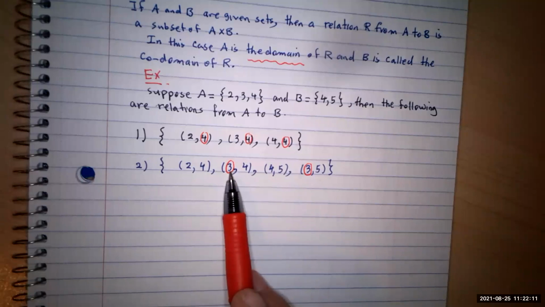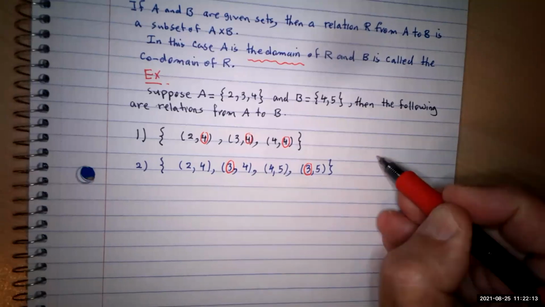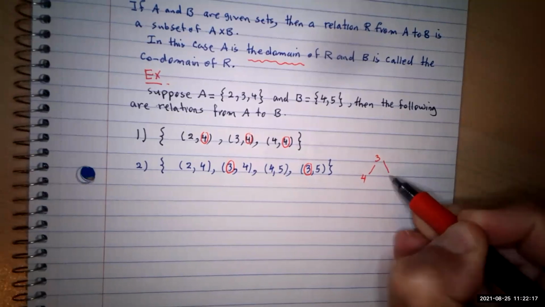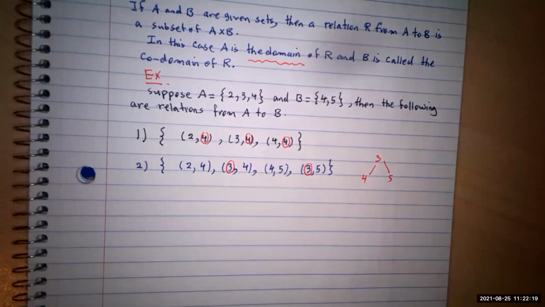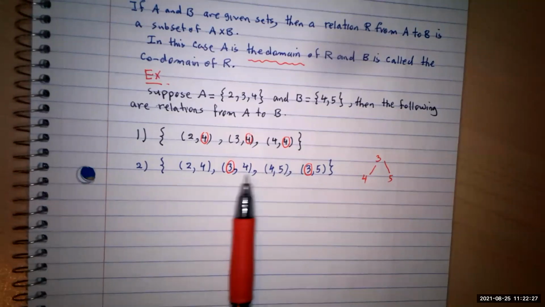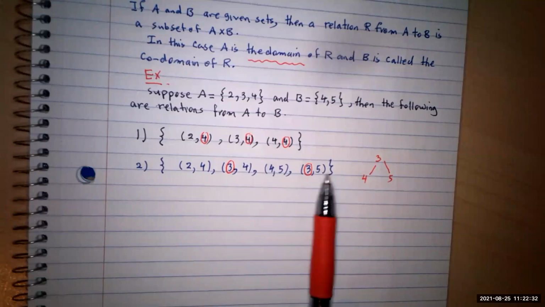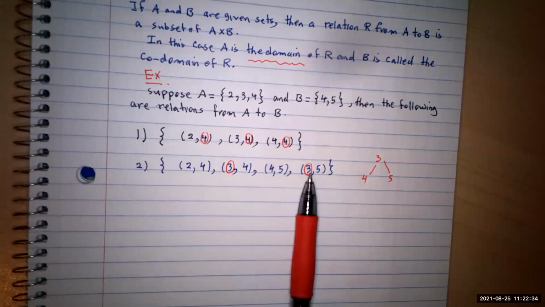But in the case of 3, 3 is related to 4 and 3 is related to 5. In this case, we say that the first components, the first coordinates, are shared. There is a common first component.